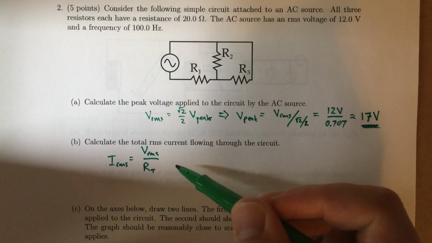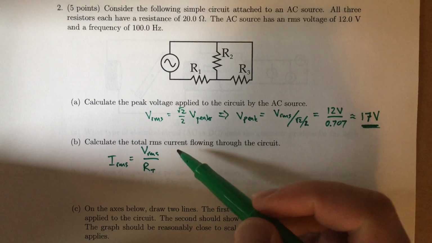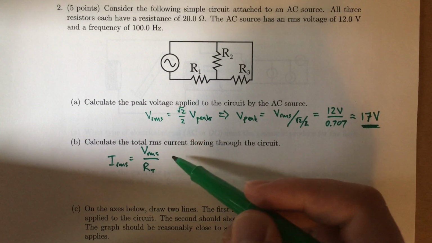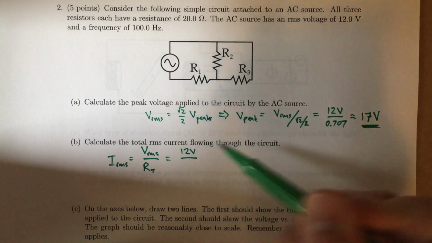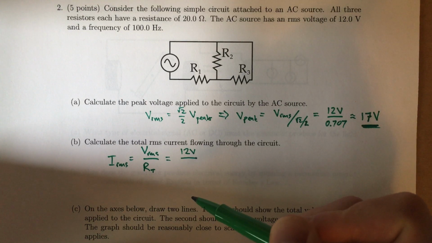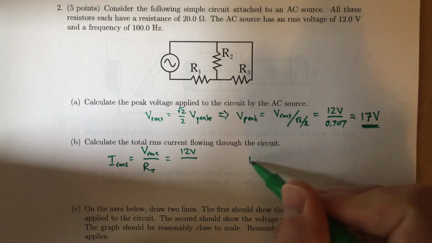Remember that R doesn't really care about AC versus DC, so there's no RMS value for that. So we've got 12 volts for the RMS voltage applied to the circuit. That's the total voltage from the AC source. We don't know the total resistance though, so we go and find that.